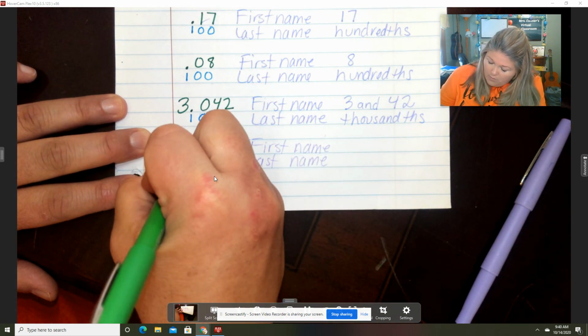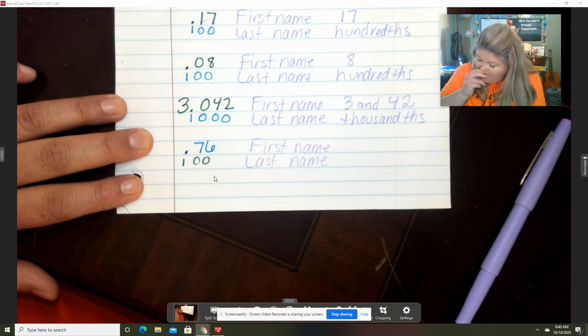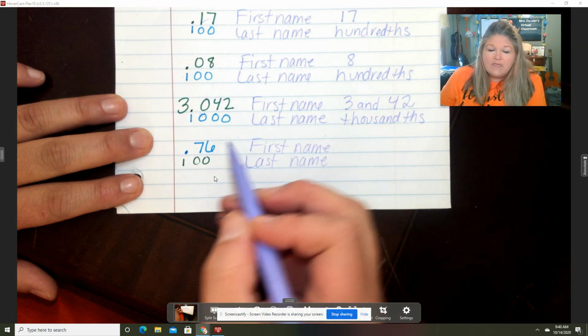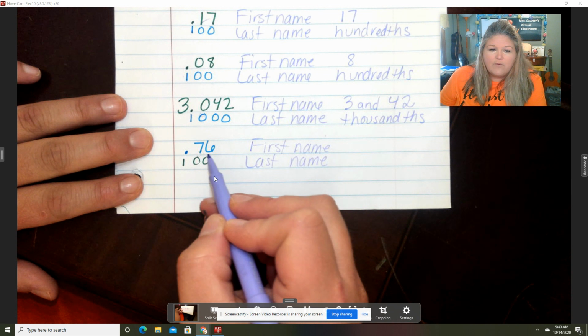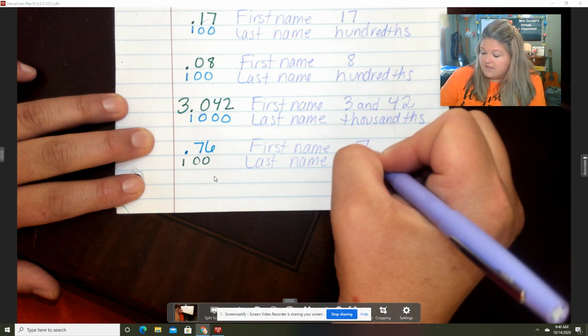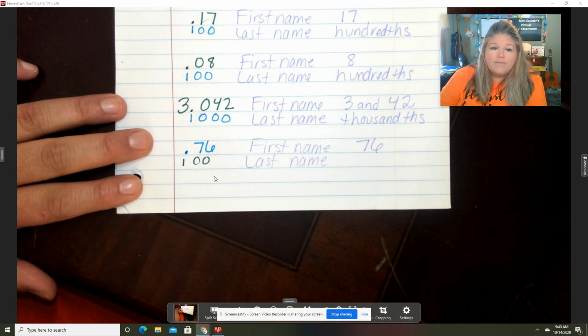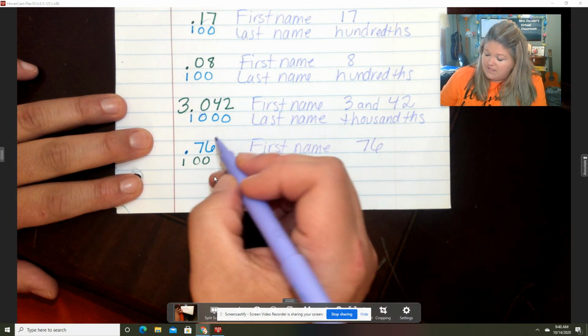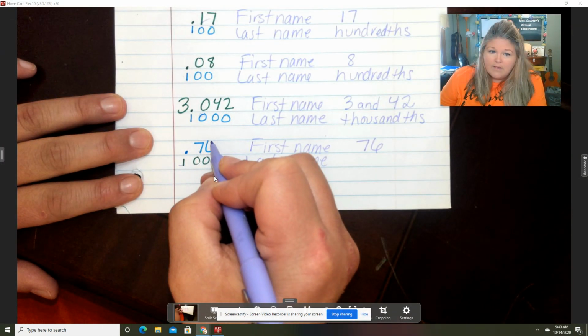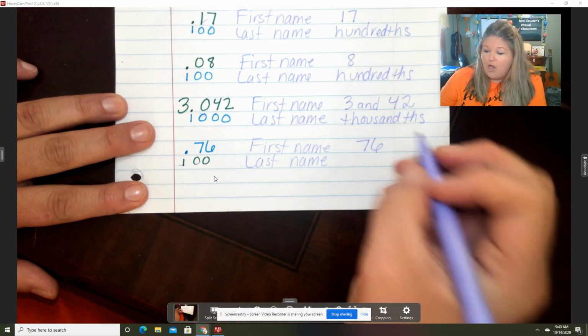Gotta put my 1 and my 0. Okay, so my first name is what? What would I say is my first name? What number do I have on top? 76. And then what is my last name? What is my decimal place? My place value. My 6 is over top of 100. So it would be hundredths.